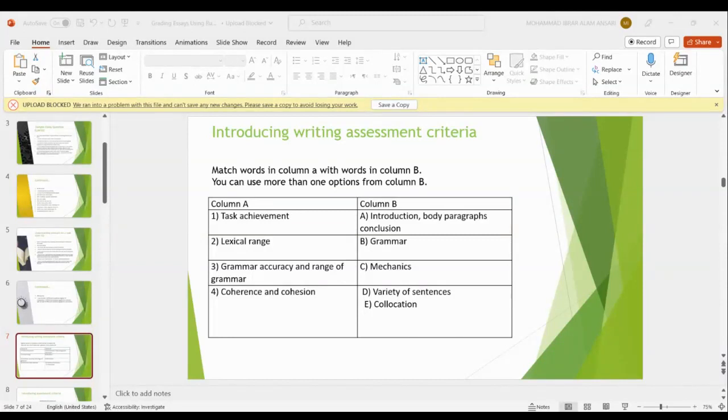Accuracy of grammar or variety of sentences comes under the category of grammar. Also word forms and other things are all clubbed with grammar. Mechanics: it's difficult to categorize everything here, but mechanics are about spelling, punctuation, capitalization, etc.